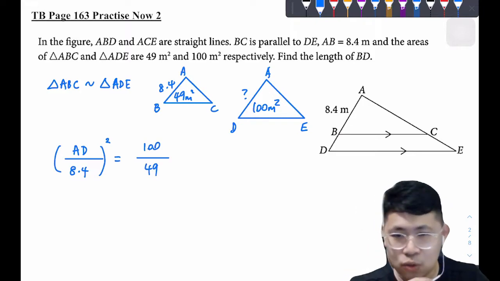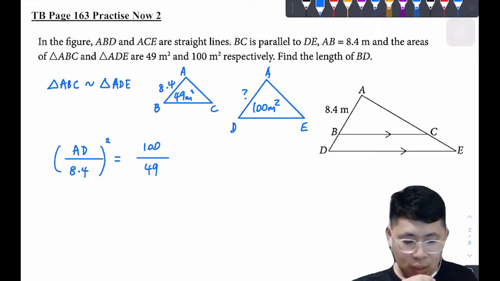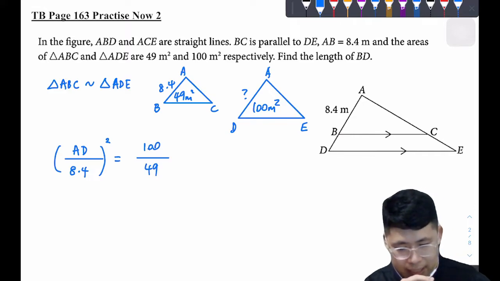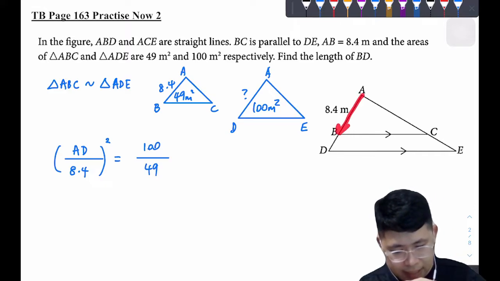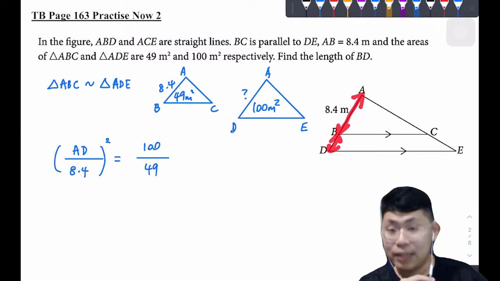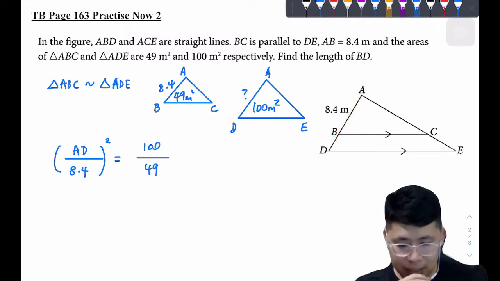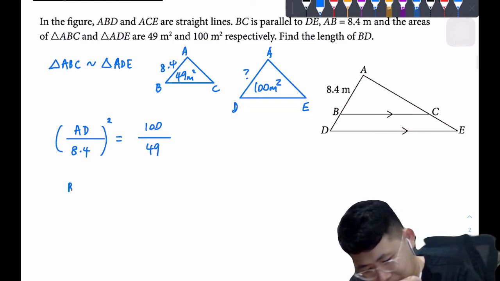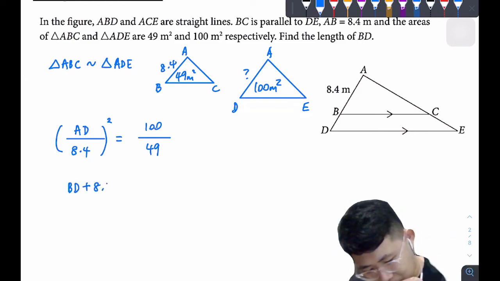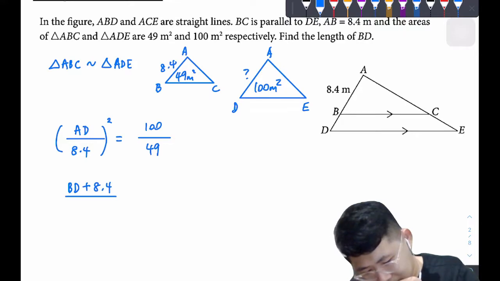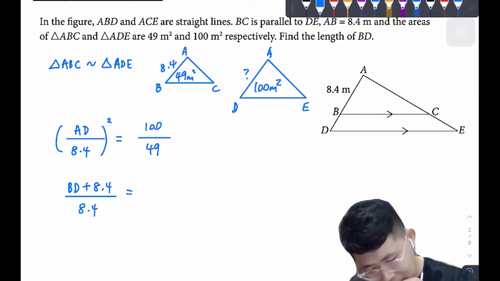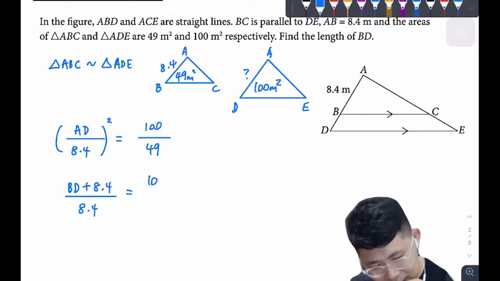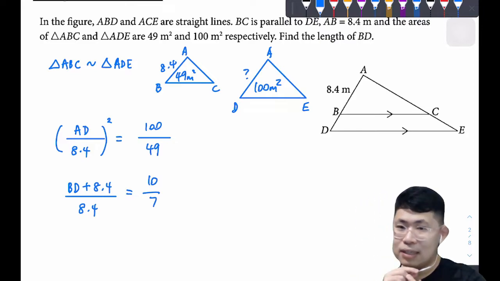Now let's do a little bit for AD, because we know that AD is 8.4 plus BD. In order to look for BD, it'll be nice to do this straight away. So this will be BD plus 8.4 over 8.4, and we throw the square root to the other side, which will give us 10 over 7.